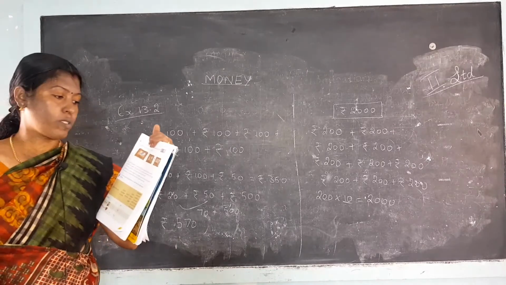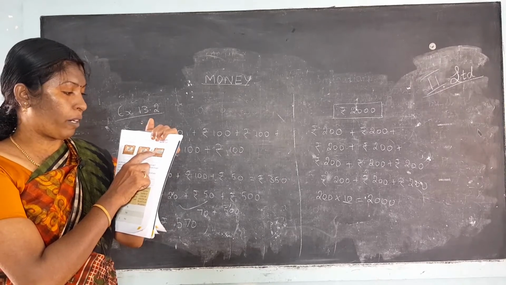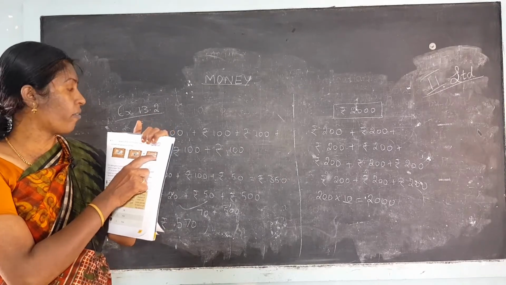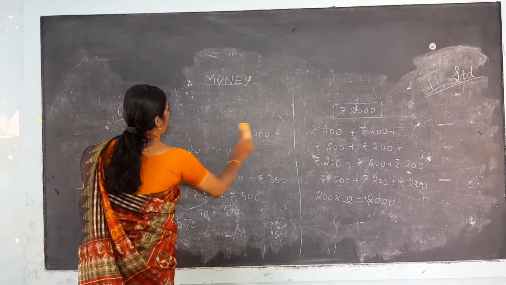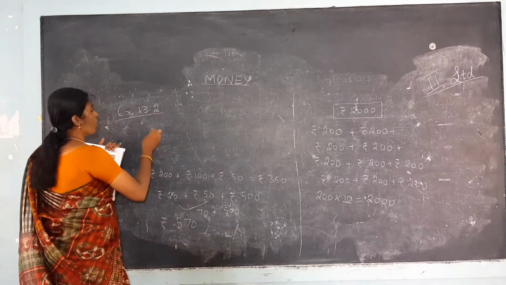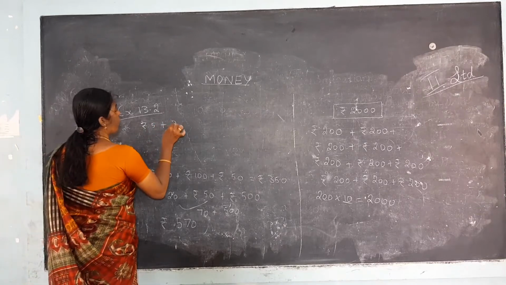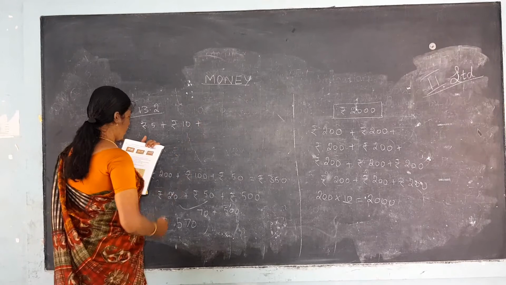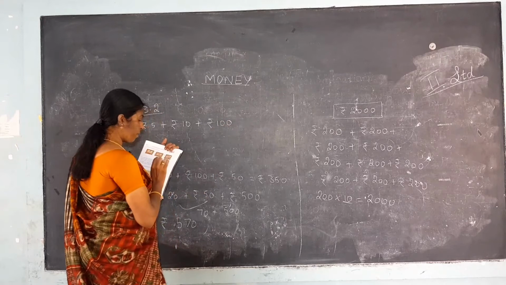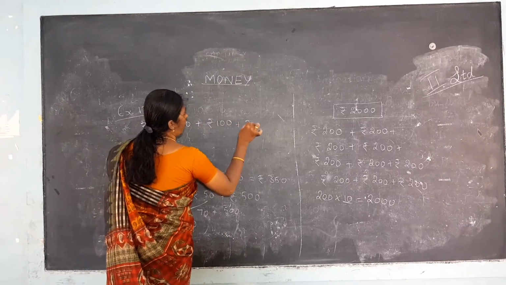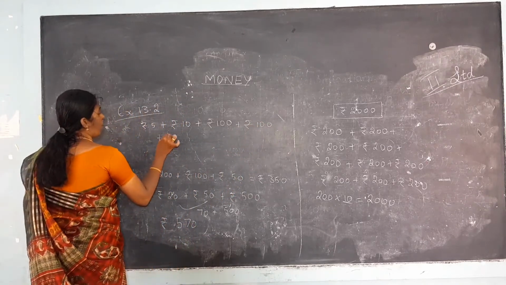And you see here this also. Just you try this. A 5 rupee note, 10 rupee note, 100 rupee note, 100 rupee note and 500. Just add it. 5 rupee note, next 10 rupee note, next 100 rupee, next 100 rupee, next 500.